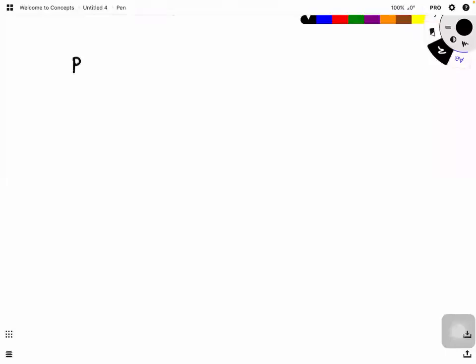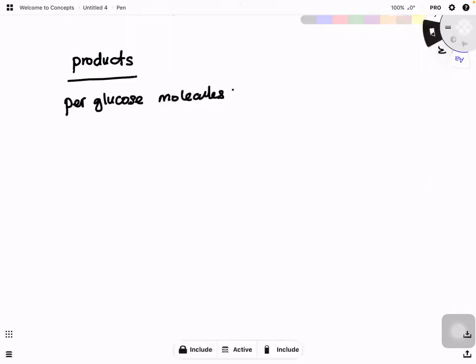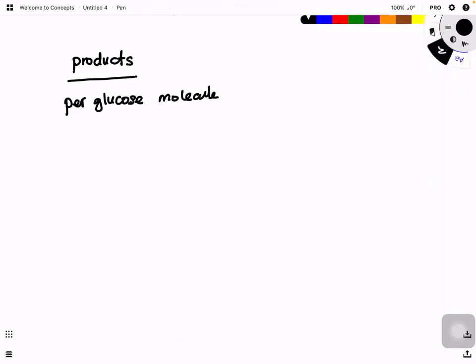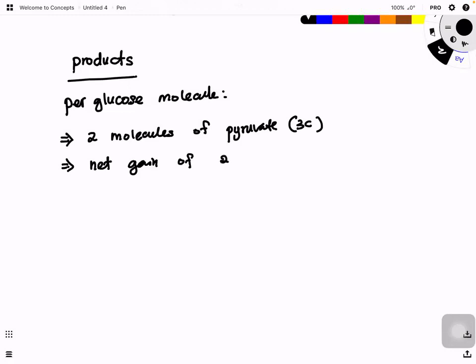So what are the products formed in this glycolysis? Per glucose molecule, what's the end product? At the end of the entire process, we get 2 molecules of pyruvate, 3 carbon. We also get a net gain of 2 ATP.